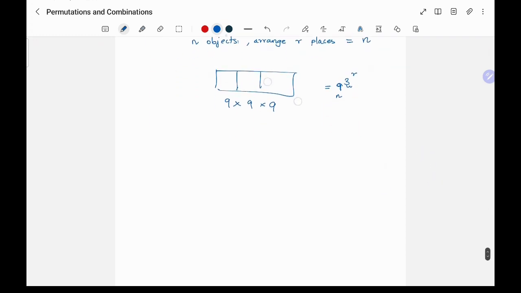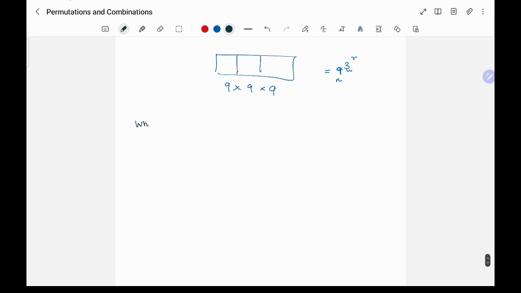So next is when some actions are not exclusive, or not mutually exclusive.